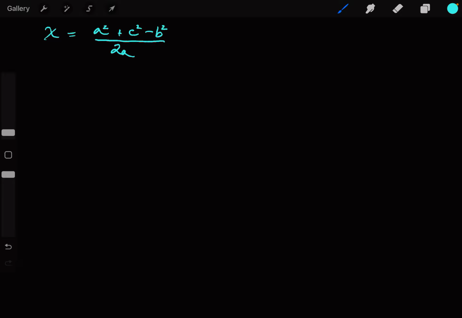And now what I do is I'm going to plug this in to a formula that I get for h squared. So remember in the beginning we had this formula x squared plus h squared is equal to c squared from regular Pythagorean theorem. This formula immediately implies that h squared is equal to c squared minus x squared.